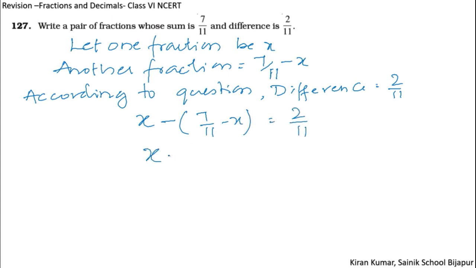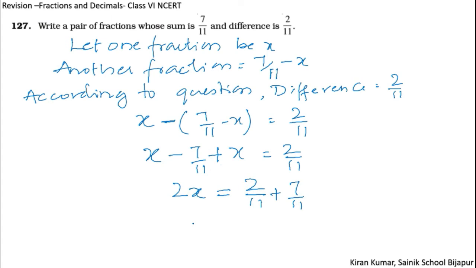So x minus, 7 by 11 minus x. Now this minus of minus x will become plus x, which is equal to 2 by 11. x and x, they are the like terms. 2x will be equal to 2 by 11 plus 7 by 11. We'll be getting 9 by 11. That is 2x equals 9 by 11. So the value of x is 9 by 22.